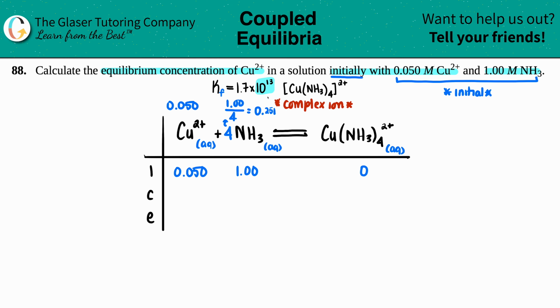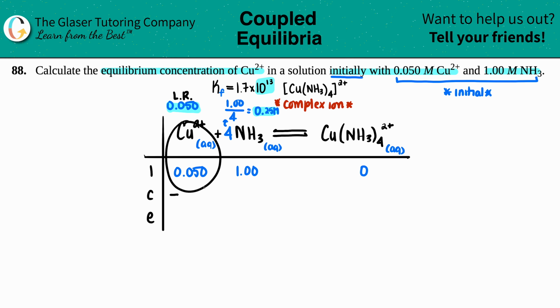Now on a molarity scale, we can see which one is the lower number. And in this case, it still is the copper. But there are sometimes where the other number might be the smaller number, and that would be the limiting reagent. So just make sure to double check. This is your limiting reagent, LR. So what we're going to do is assume that we're going to get rid of all of this.